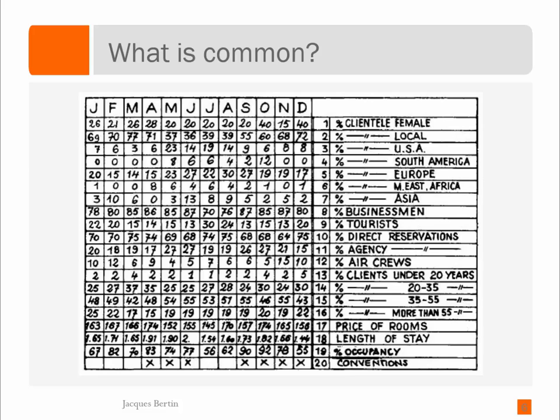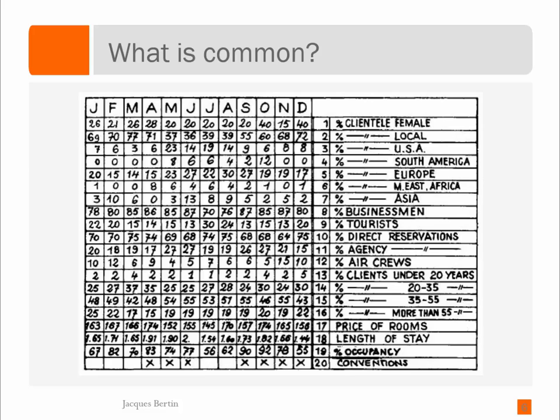So on 17, it's a measure of price. 18, it's a measure of number of weeks. And then occupancy, as we just described, it's a percentage. And then conventions is sort of a binary, whether there was a convention or not in that month. Okay, so this is sort of the setup and framework of a data set presented by Bertin.